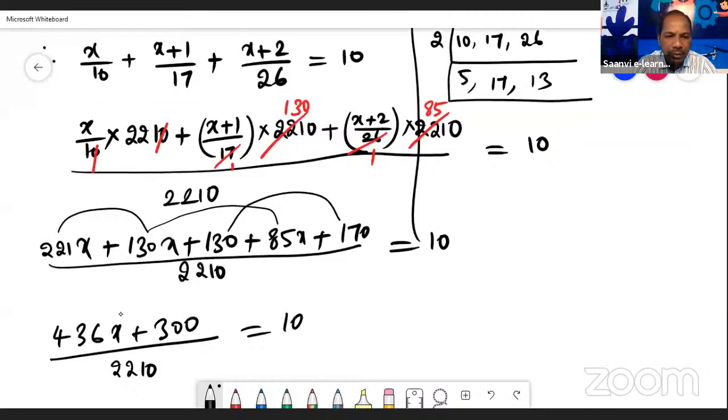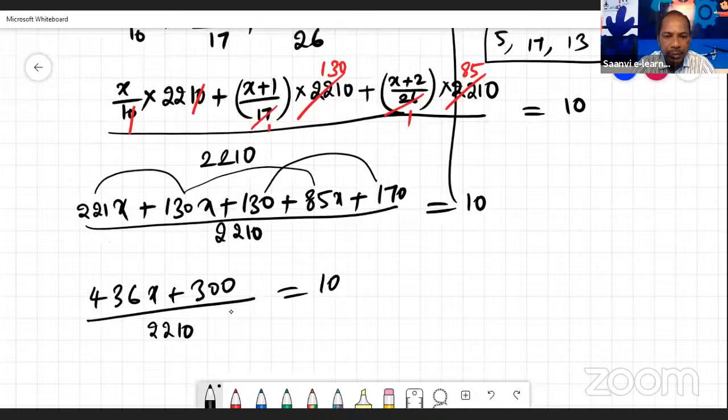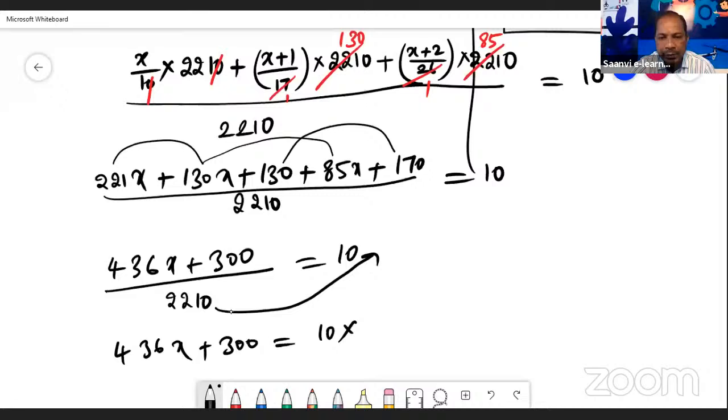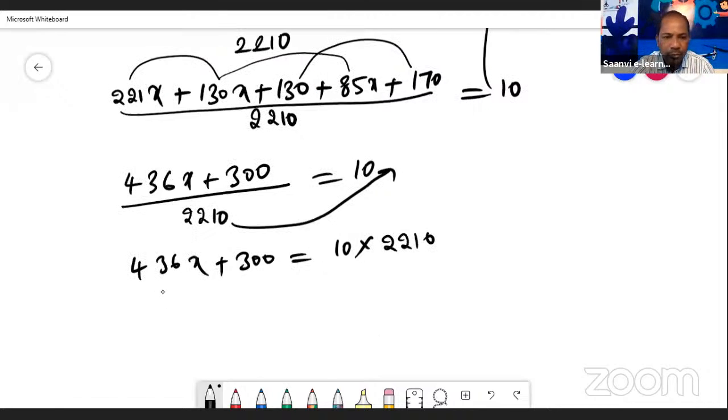Now we have to find the x value, no? One by one, send the numbers to this side. This 2210 you send this side first. Here 436x plus 300 is equal to, here it is dividing, when we send this side we will multiply, so 2210 into 10. 2,21,000 we get.